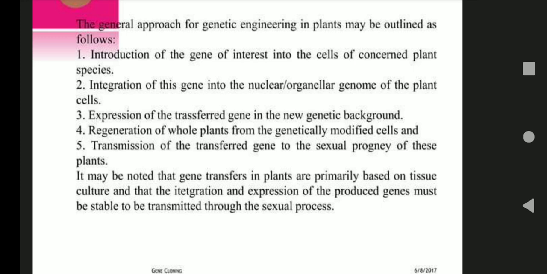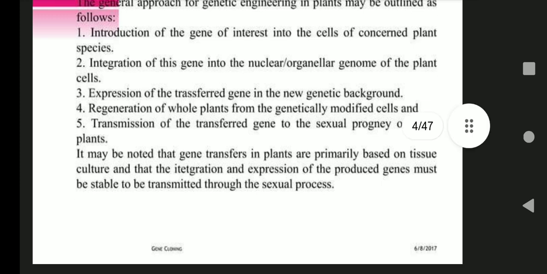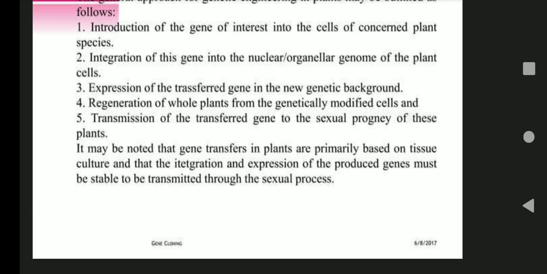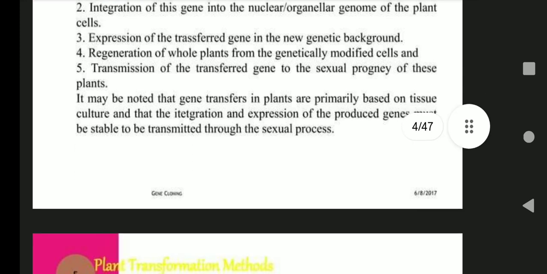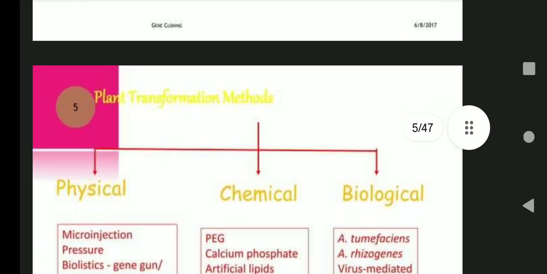The transmission of the transferred gene to the further progeny, that is the next generation, is also made possible by these methods. Let us see how the integration and expression of the gene are stable enough to be transmitted through the sexual process of plant fertilization.